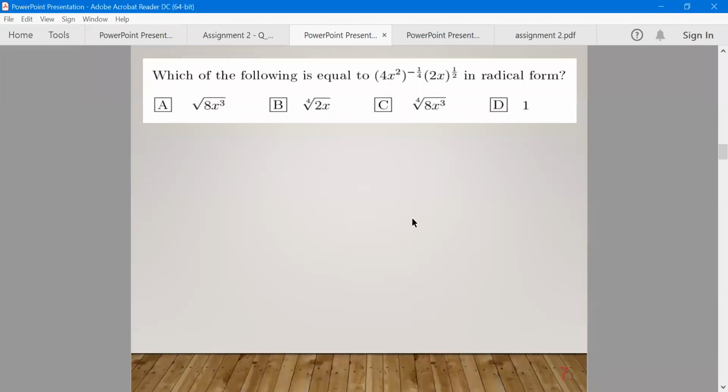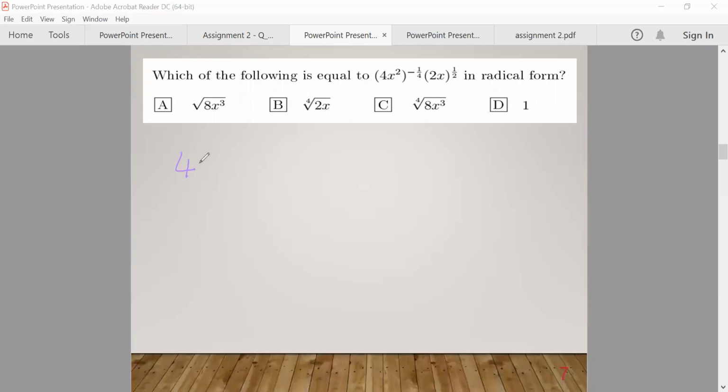Another example. Which of the following is equal, in radical form? Again, properties of exponents. 2 x to the half, the negative goes down, and we distribute the power 1 over 4.